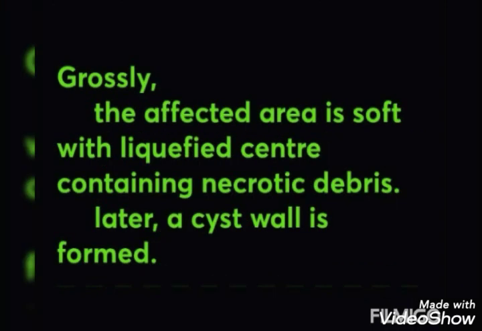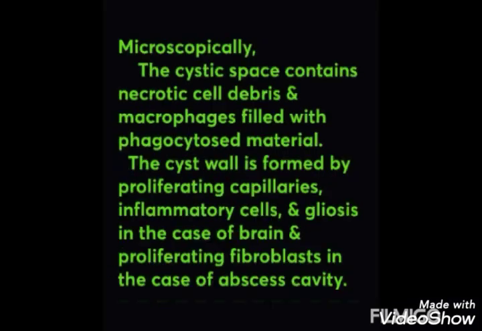Next, moving on to gross appearance. The affected area is soft with a liquefactive center containing necrotic debris, and later a cyst wall is formed. Microscopically, the cystic space contains necrotic cell debris and macrophages filled with phagocytosed material.